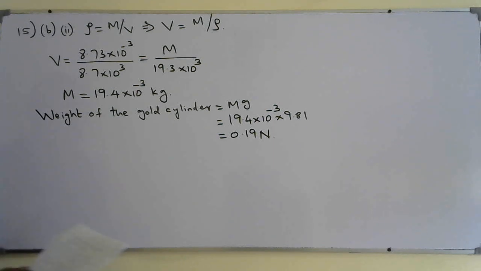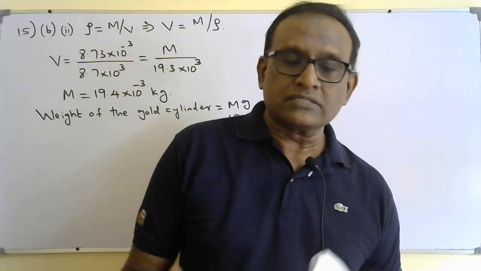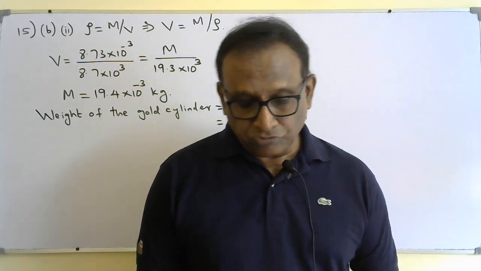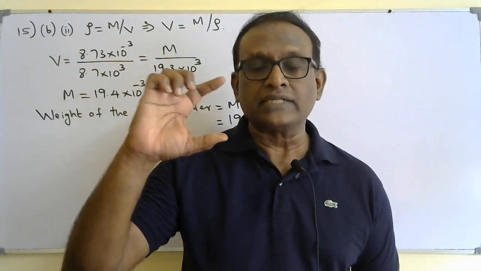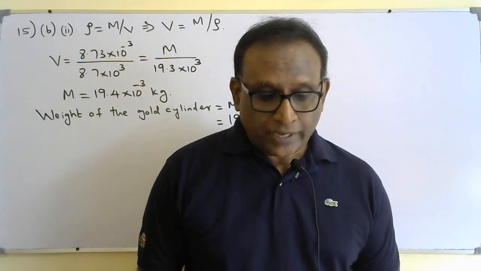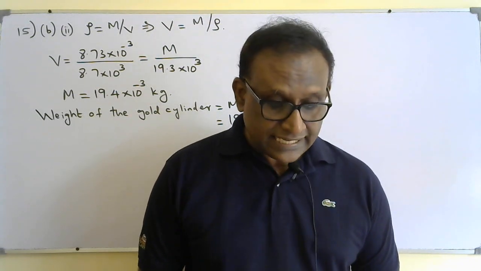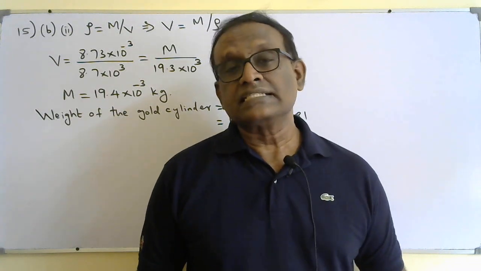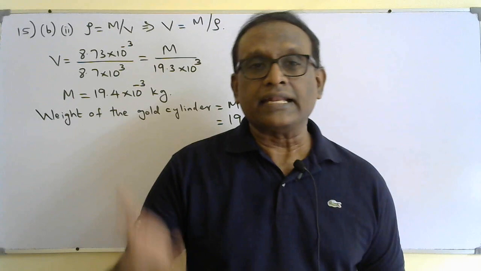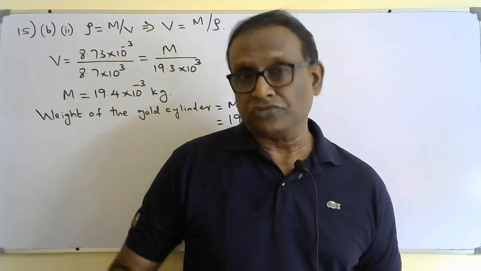So the question is, earlier when the cylinder of that particular dimension, 4 centimeter length, 2.1 centimeter diameter of cross-sectional surface, was made of brass, 63% of the cylinder sank inside the water, balance is outside the water, it was floating there.